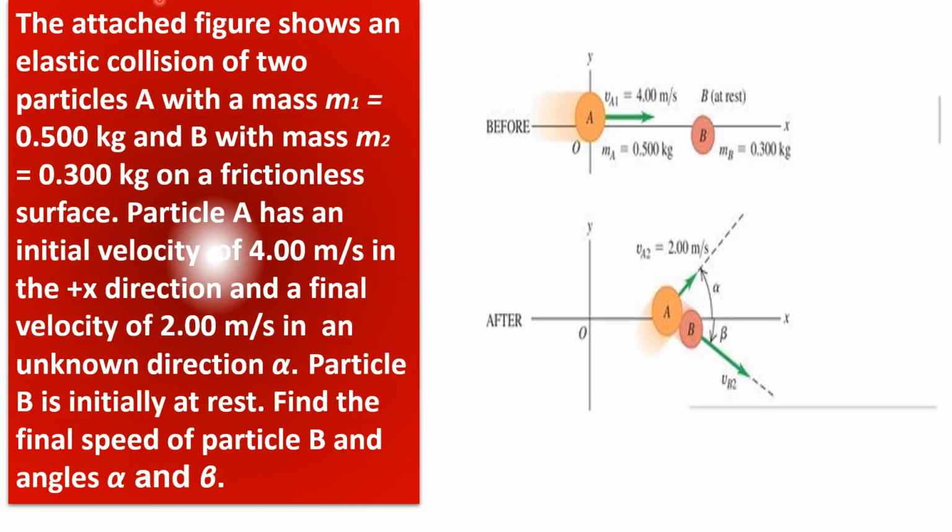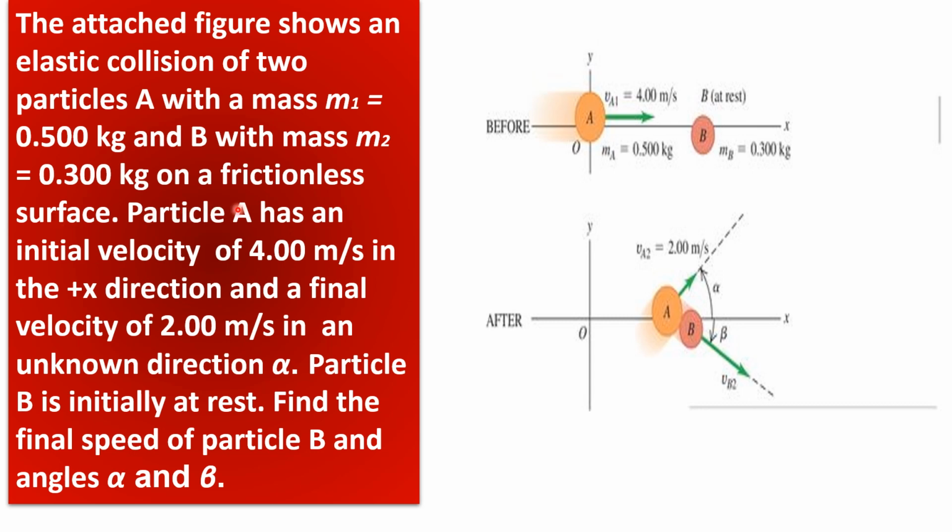This is the problem. The attached figure shows an elastic collision of two particles: particle A with a mass m1 equal to 0.500 kilogram, and particle B with mass m2 equal to 0.300 kilogram on a frictionless surface.